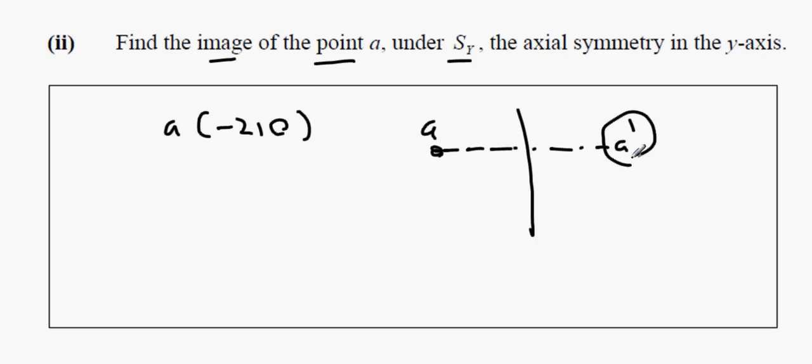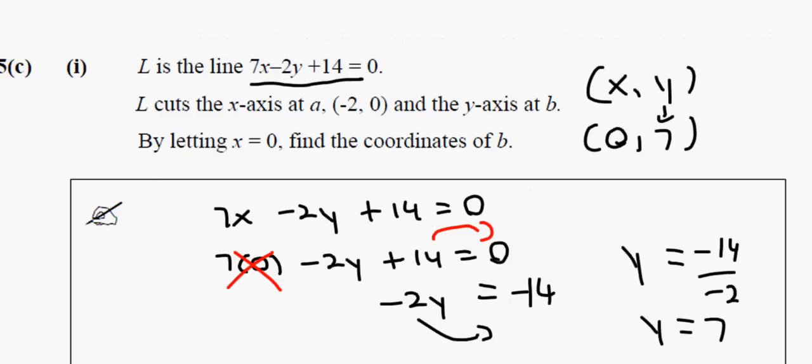So if you imagine, what we're going to do is draw a few lines here. This is our y-axis, that's our mirror. We know that A is minus 2, 0.